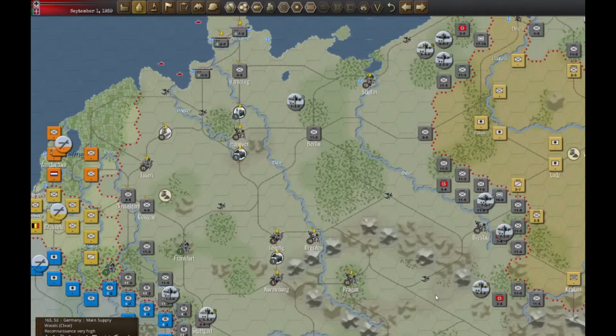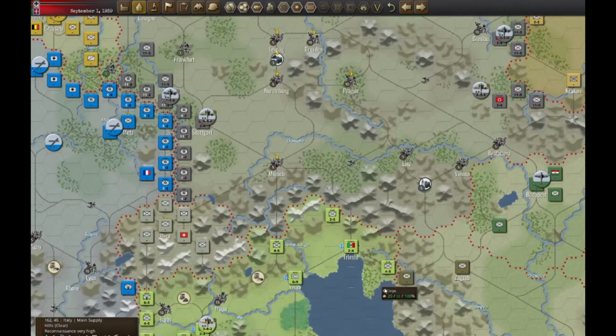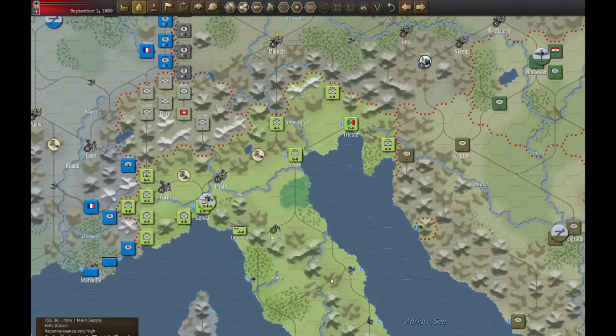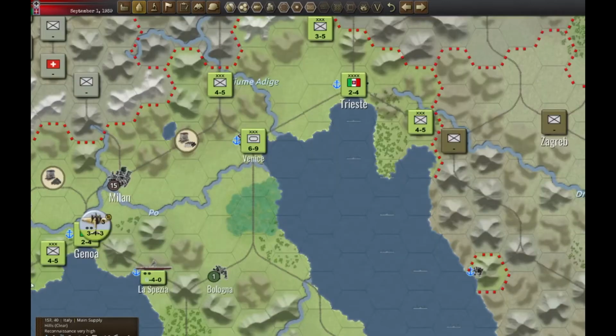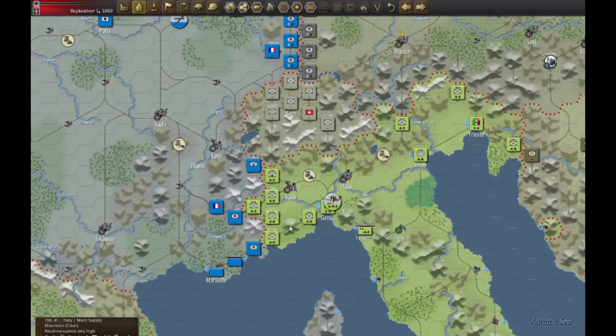So we've seen how these values are actually calculated. Now let's take a look at how they actually change. And actually, before that, I'm going to talk about how to save some oil. From Italy's point of view, it's not doing any attacking or anything like that. If you recall, these units here in Italy are off of rail and are not in a port.